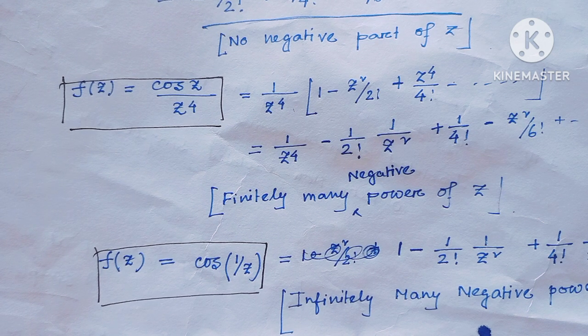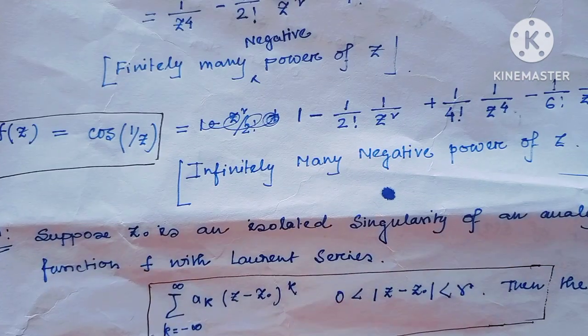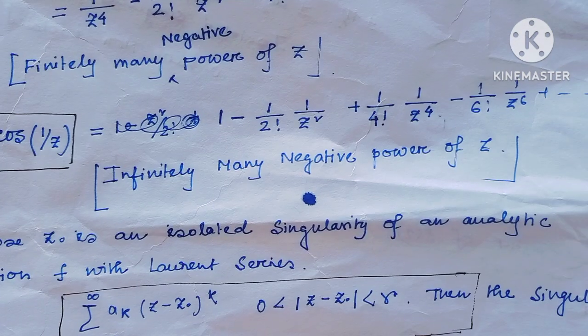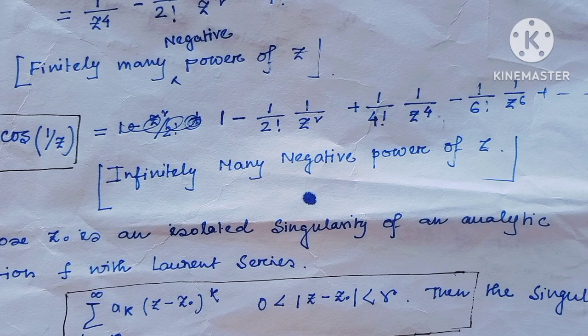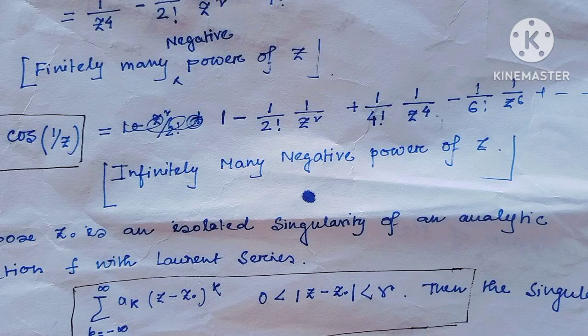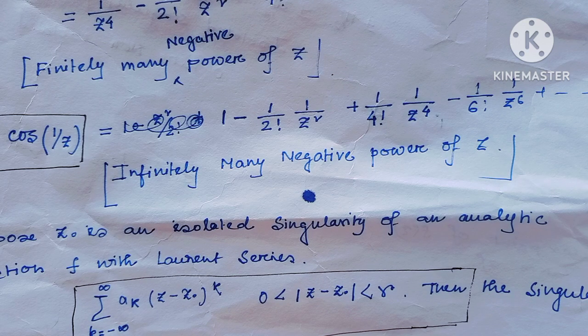And when f(z) equals cos 1 over z, then this is equal to 1 minus 1 over 2 factorial times 1 over z square plus 1 over 4 factorial times 1 over z to the power 4 minus 1 over 6 factorial times 1 over z to the power 6, and so on.